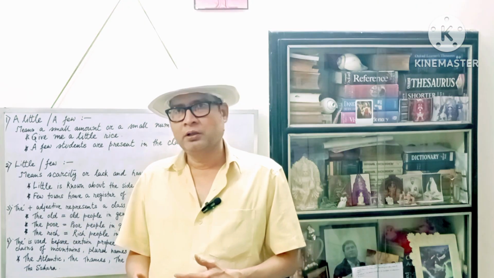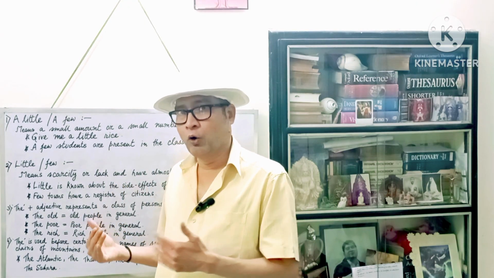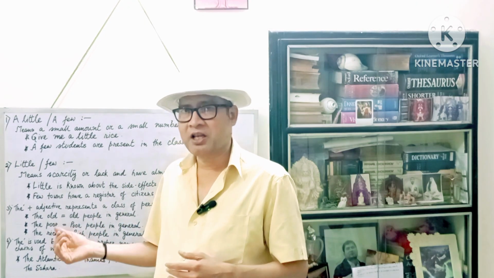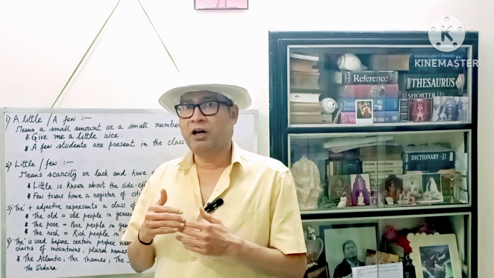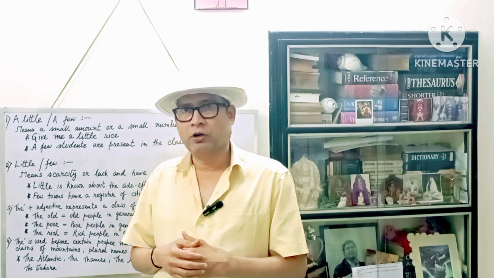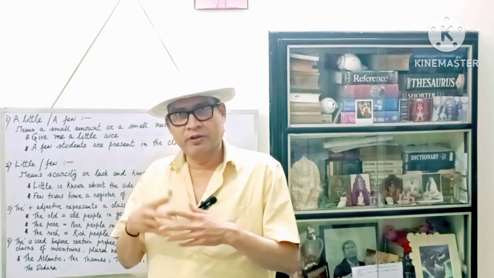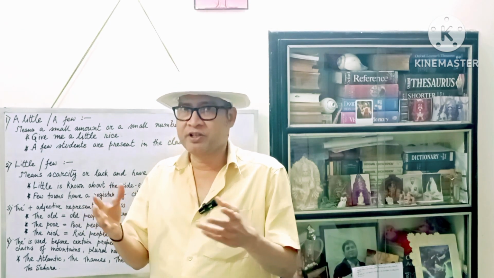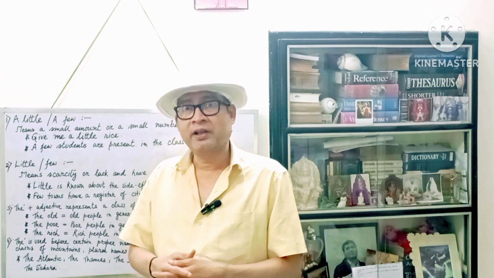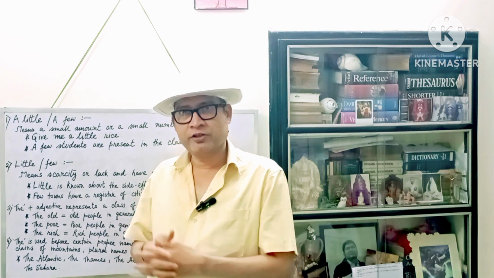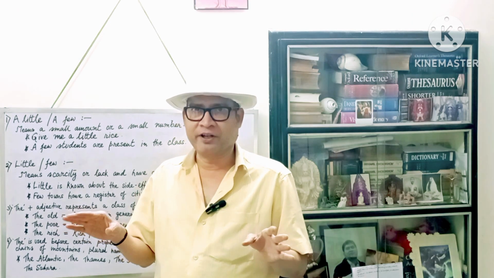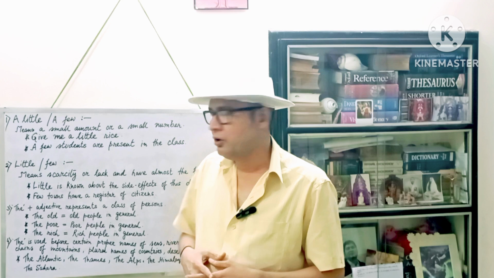Now let us make some example sentences with this. The old. Now, if you use the old as a subject, it must be followed by a verb. Now, which verb will you be using? Will you be using the simple present form of the verb plus s or es? No, my dear friends. Why not?